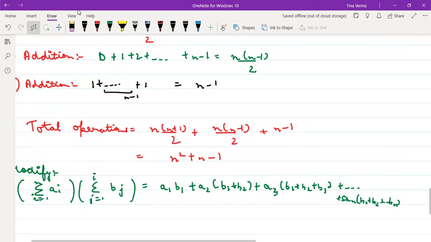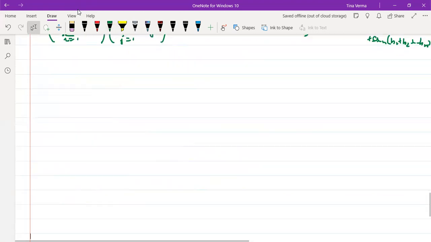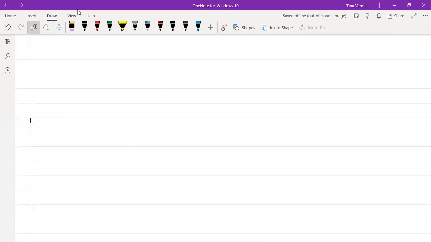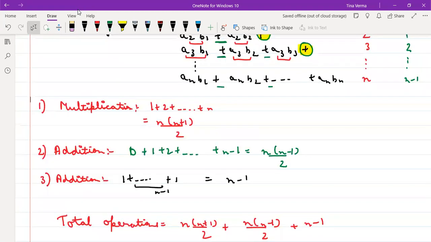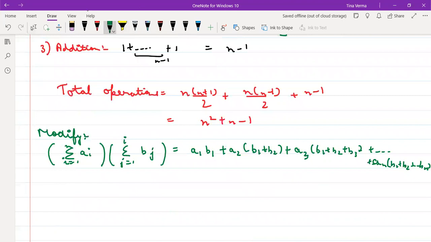So now you can see the number of additions will be the same in this case, but you have reduced the number of multiplications. Here the multiplication is one time, again one time, and so on, up to the last one time.